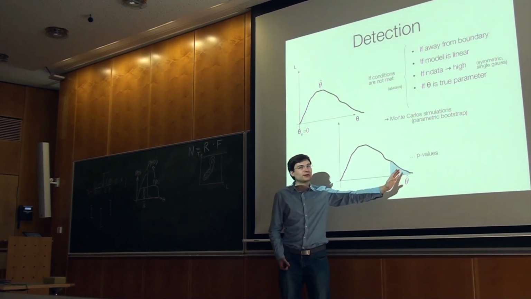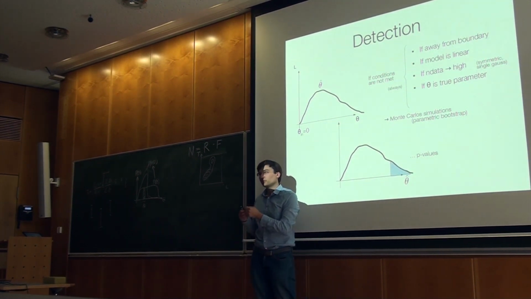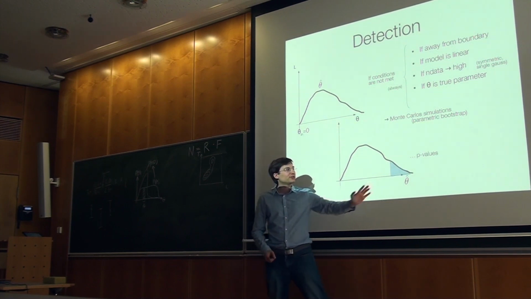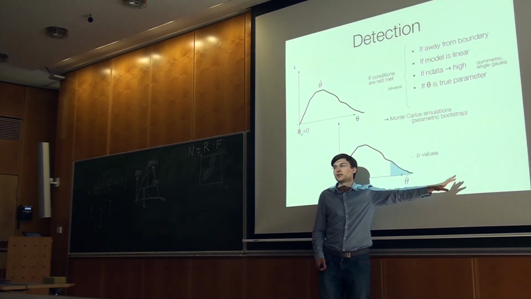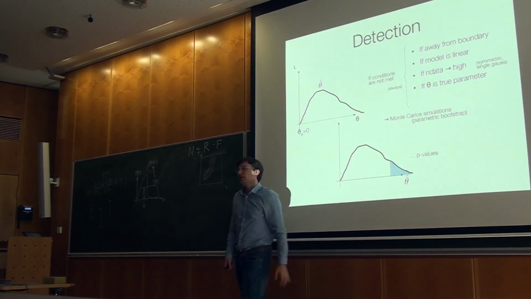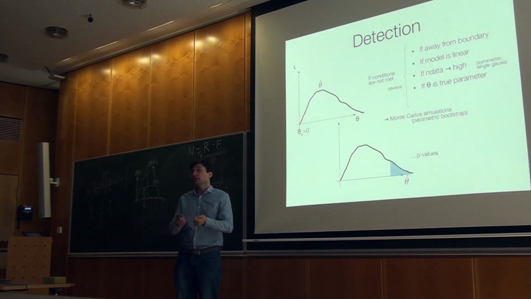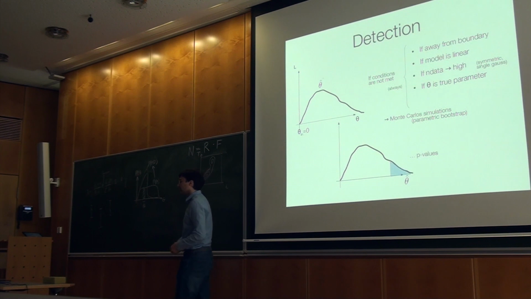And then you can look at the tail of this distribution, and if in your real data set you measured something way higher, then you can be confident that this component didn't arise by chance. We'll hear more about this later.